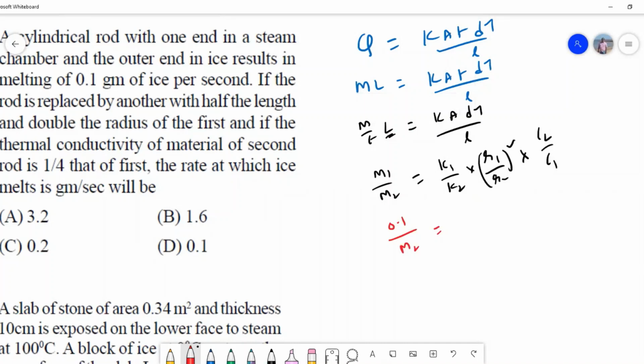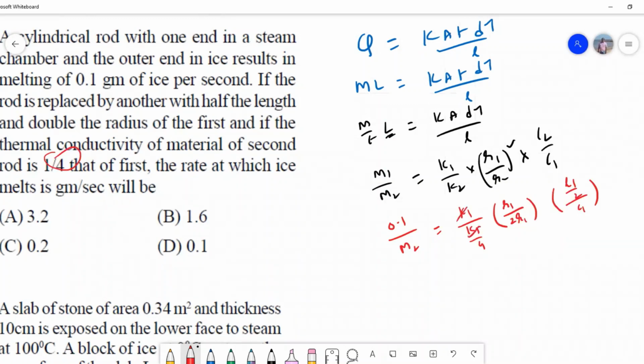But some relations are given. The thermal conductivity of the second rod is 1/4 of the first. That means this is K1, and K2 is K1 by 4. The radius is also given. There is another rod with half the length and double the radius. So R1 by 2R1, for double the radius, into half the length, L1 by 2 by L1. So let us simplify that.